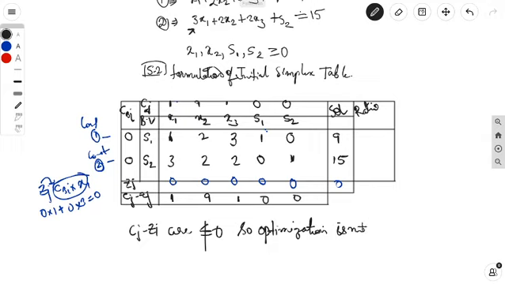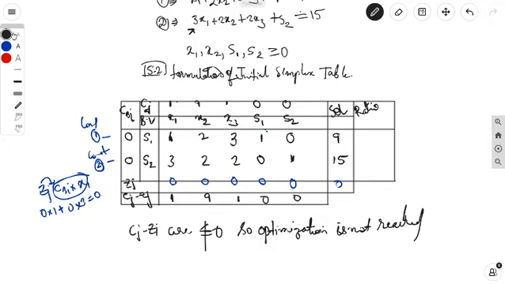What do we need to do? We need to perform iteration 1.